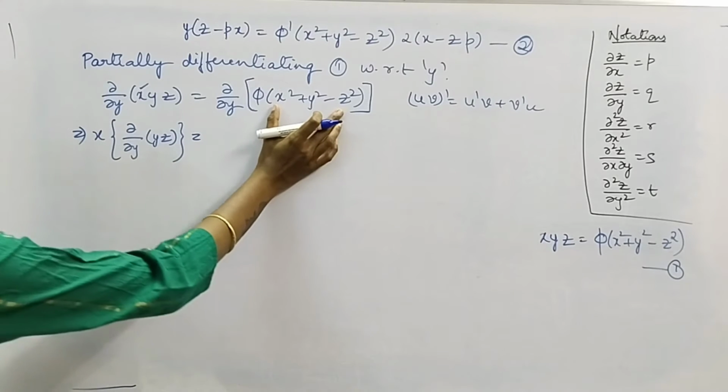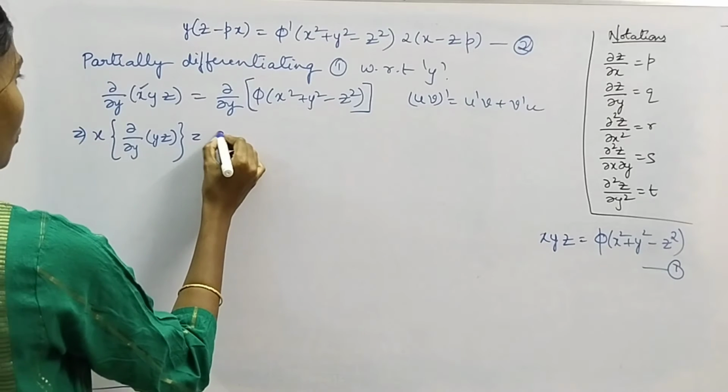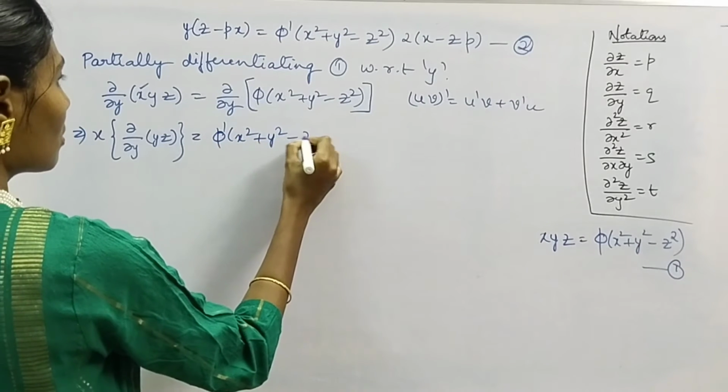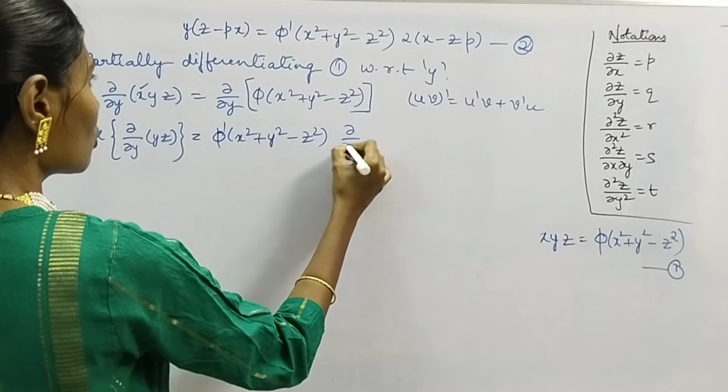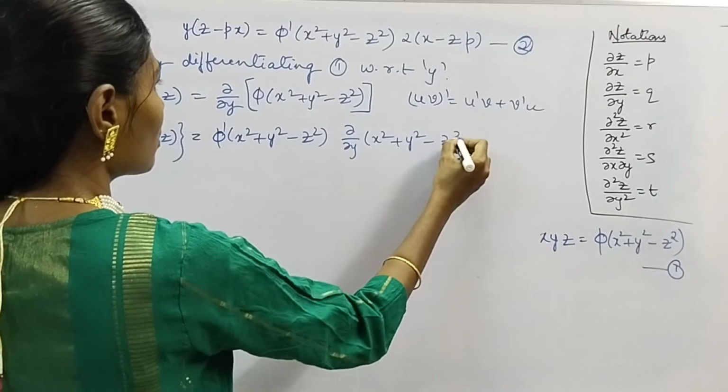Equal to the partial derivative of phi of x square plus y square minus z square with respect to y, which is phi dash of x square plus y square minus z square into the inner derivative, that is dou y of x square plus y square minus z square.